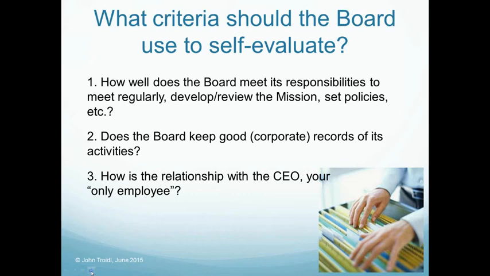If you are at a community health center where you have terminated every single one of your CEOs for the last 20 or 25 years, and there are community health centers where that has happened, they're called Death Stars, then the board should do some significant self-assessment to try and understand why they end up having such a negative relationship with the CEO and correct that. Because after a while, there's no good applicant that's going to want to work with a board that just sequentially terminates all their CEOs. Okay, next slide.